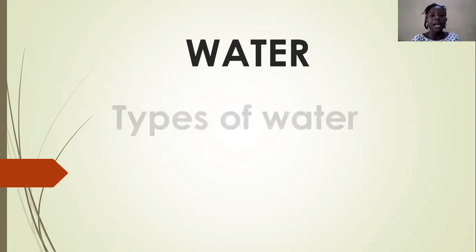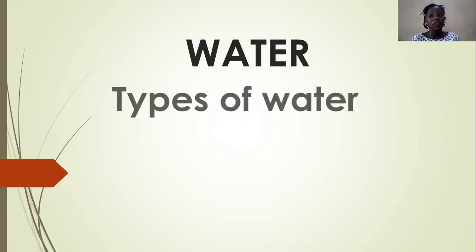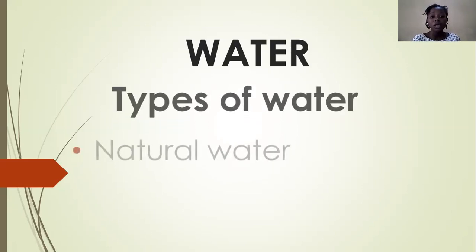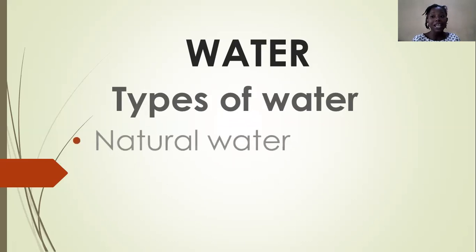Now we look at types of water. Water is of 2 types. We have natural water, that is water from natural sources like rivers, streams, ocean, sea, lakes, and any natural bodies known as natural water. Even well water is a natural water as well.